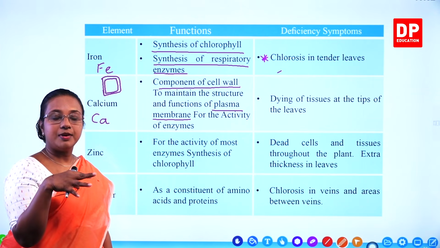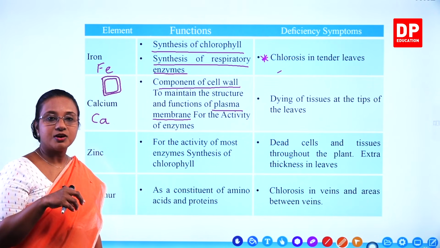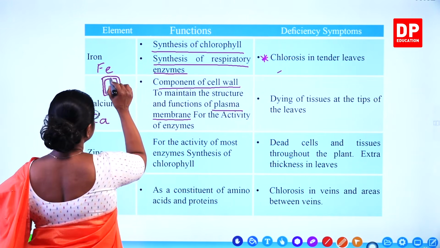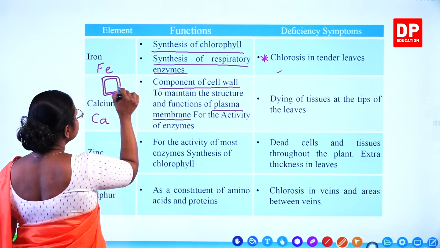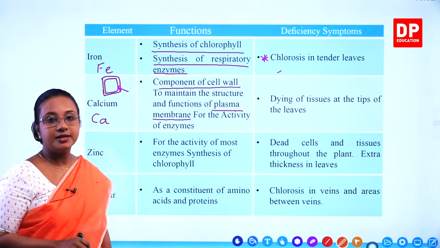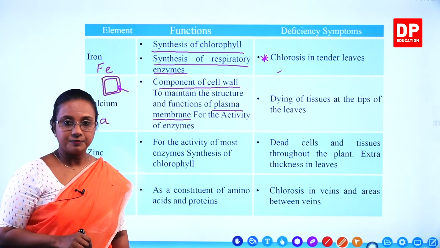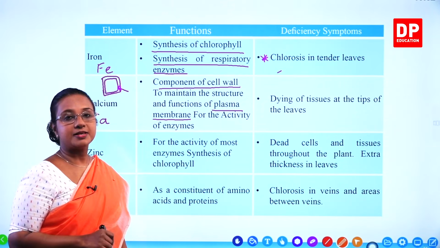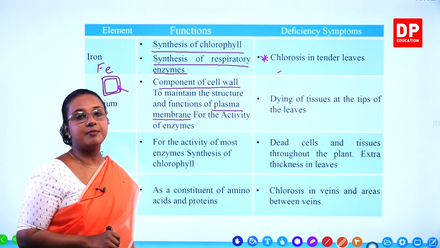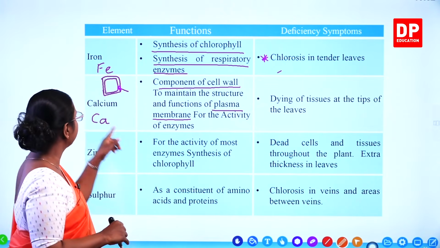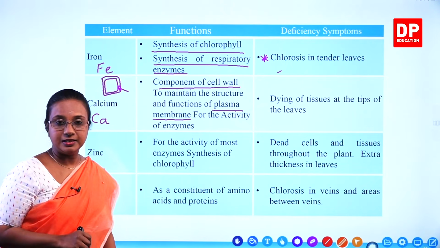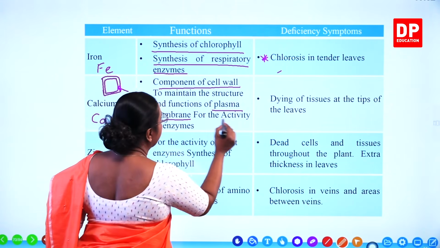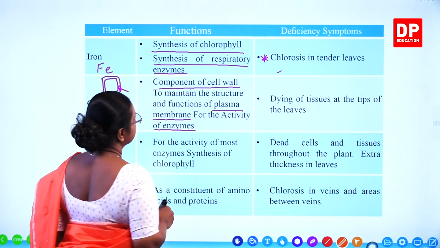Within the cell membrane, all the organelles of the cells are present in the plasma. So this is the plasma and this component is called the plasma membrane. So for the structure and functions of the plasma membrane to be maintained properly, we need to have enough calcium in the plant body.